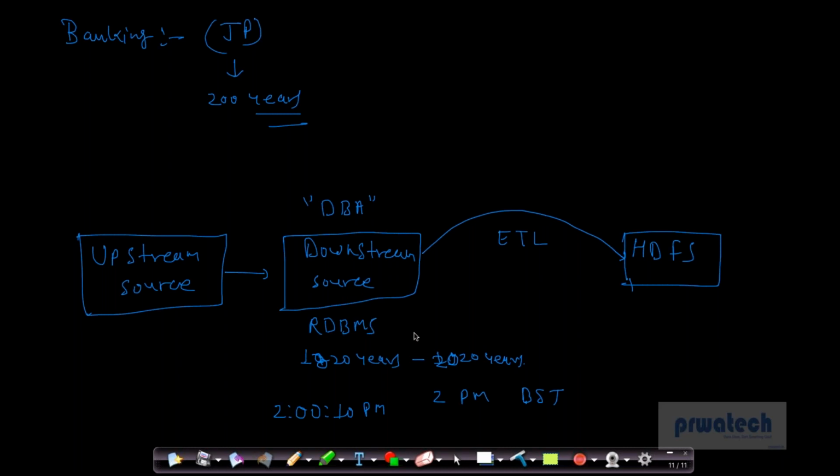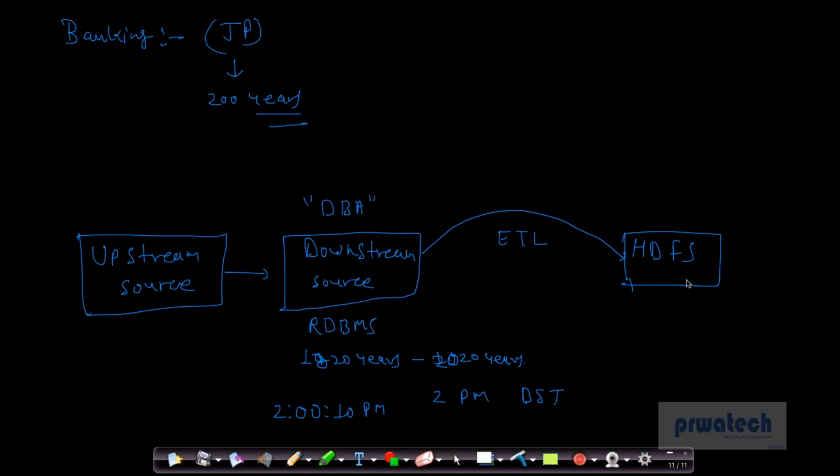I'm not talking about the region. Regions can be multiple. Some data is in the US, some in the UK, some in Africa, some in Europe. Now, our job is to extract all data from all the world, all the regions, and keep this in HDFS. Later we will talk about what the cluster size of this HDFS is and how many nodes we are looking for. Okay, this is the idea.